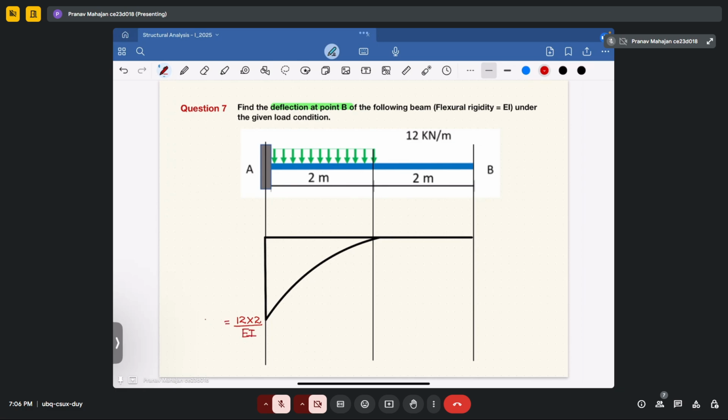Fine. That will be equal to 24 upon EI. How I calculated it? Suppose at this point, till this point, moment at x is 0. If I further proceed, your moment at x will be equal to 12 into x.